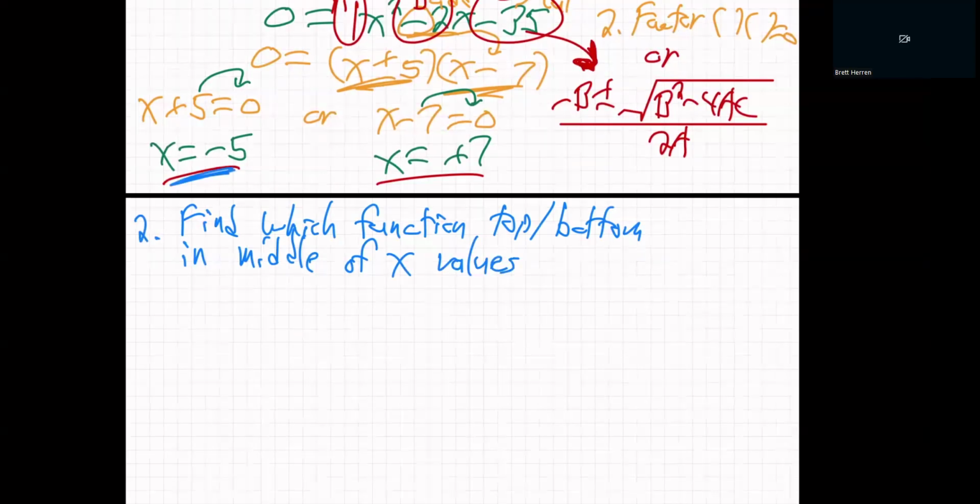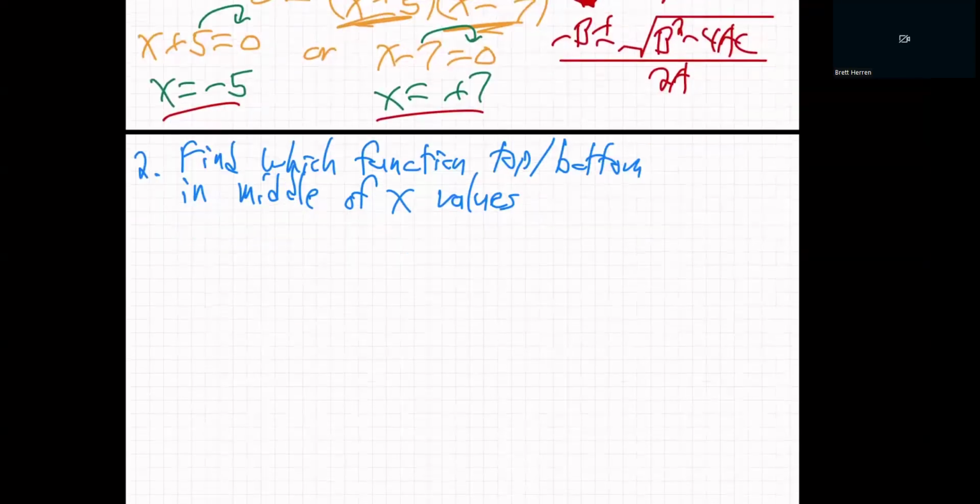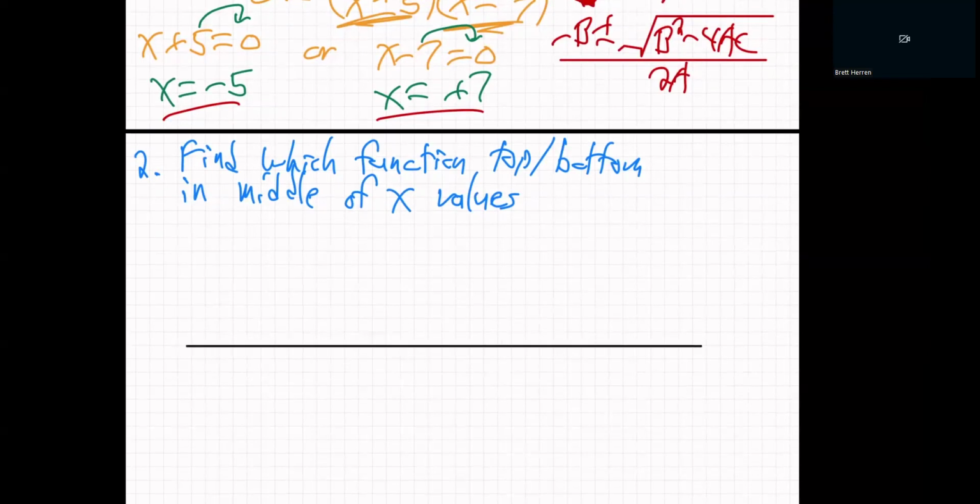So between negative 5 and positive 7. So let's do a little number line here. So we got, say, negative 5 over here, positive 7, and 0 would be about right there, just for perspective.